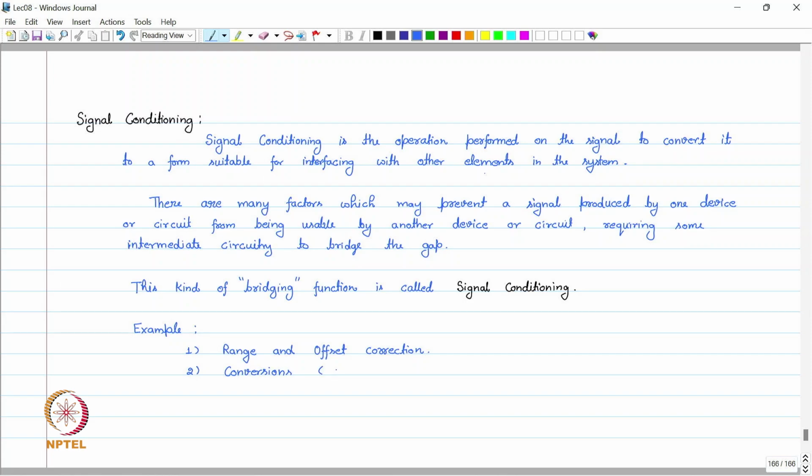Conversion is, for example, current to voltage conversion. And filtering. Filtering is nothing but removing the unwanted frequencies.